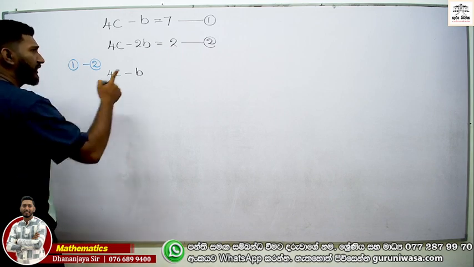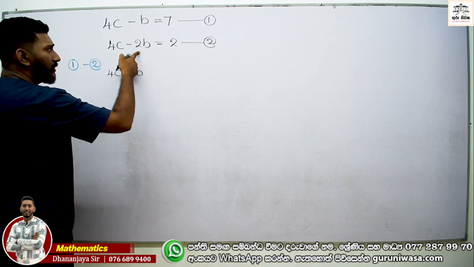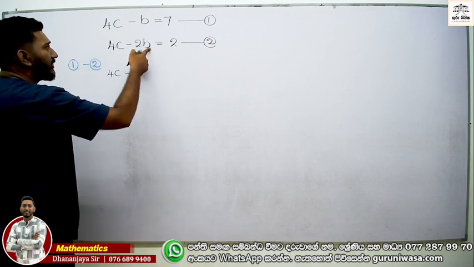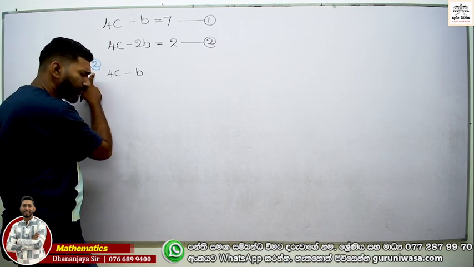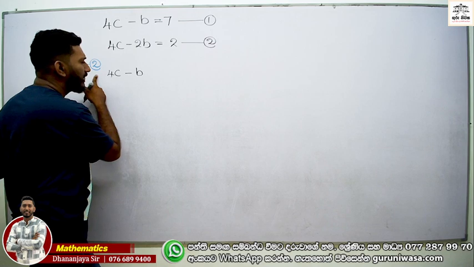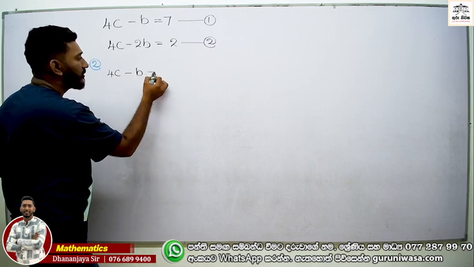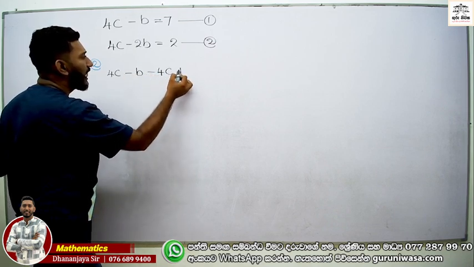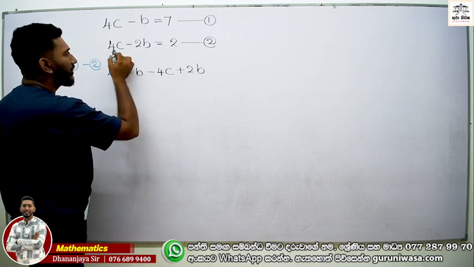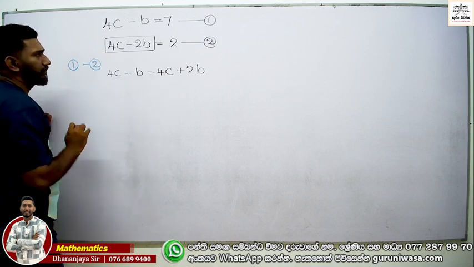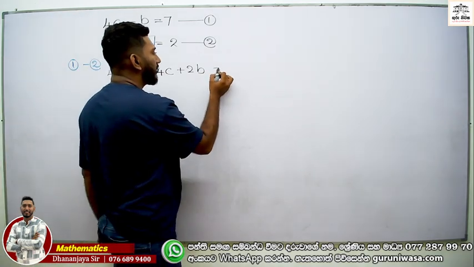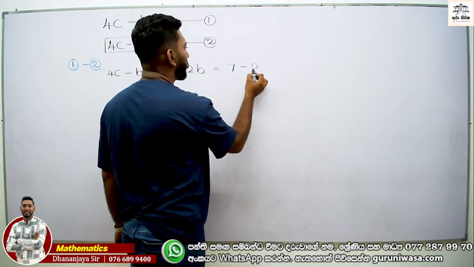You need to subtract the second equation. Therefore, the left hand side of the second one is 4c and minus 2b, but this is a subtraction. In subtraction, you write the additive inverse, minus 4c and plus 2b. Remember, this has to change because of subtraction. Now equals 7 minus 2.